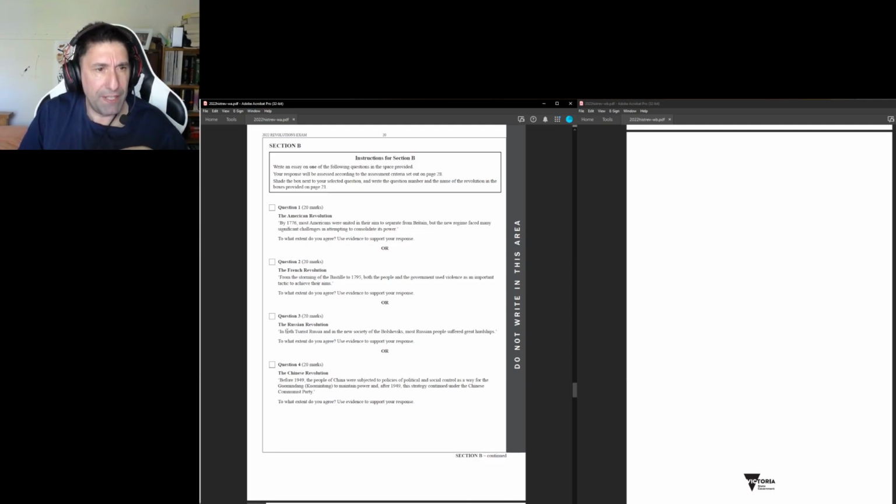So both of these essay questions are looking at change and continuity. What society was like under the old regime, and then how it changed in the new regime. So, what were the people's lives in the old regime in Tsarist Russia, and then how did that change in the new Bolshevik regime, for example?